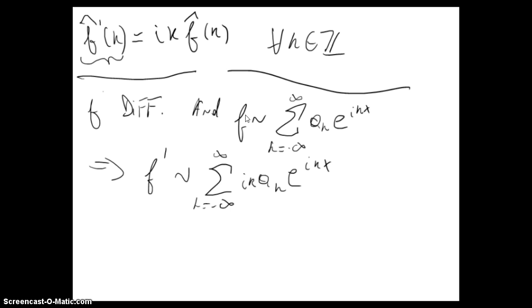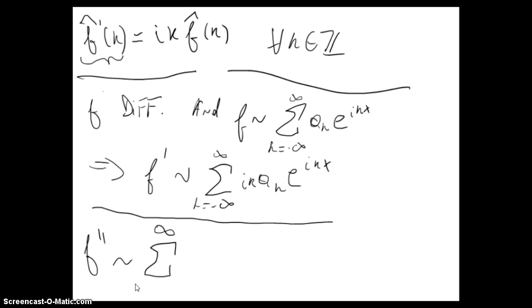So we can express the derivatives of f also in terms of a series, and in the same way, if we have an f that is two times differentiable, then we can express its second derivative also as a sum. And this can be done for any number of derivatives.